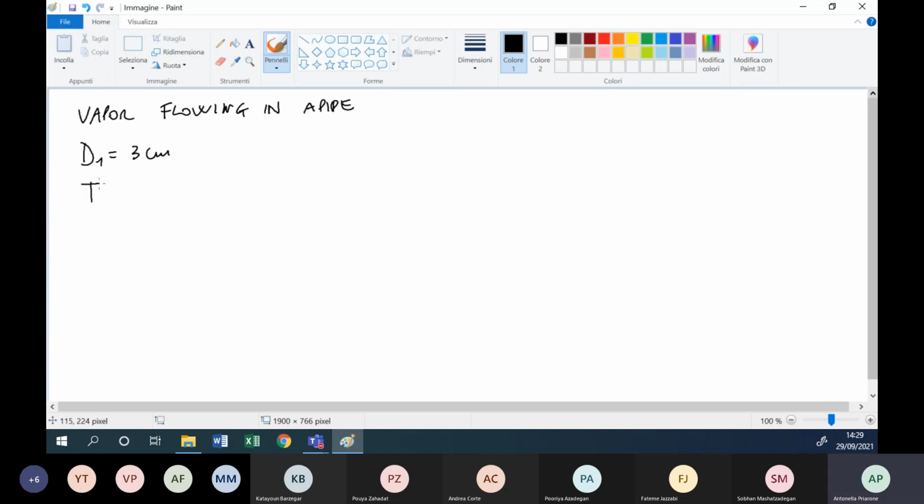And the temperature of the base of this pipe is Tb equal to 120 Celsius degrees. We apply to this pipe some aluminium circular fins.